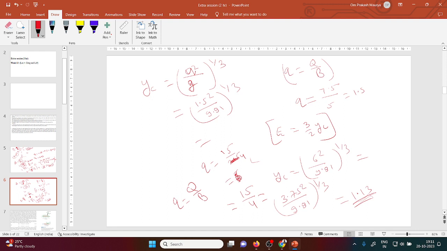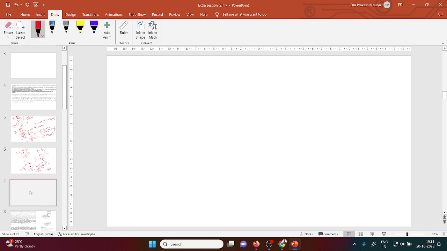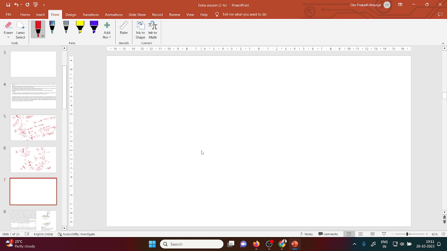And the velocity before the jump, that is your V1, is 9 meter per second, and Y1 is given as 2 meter.